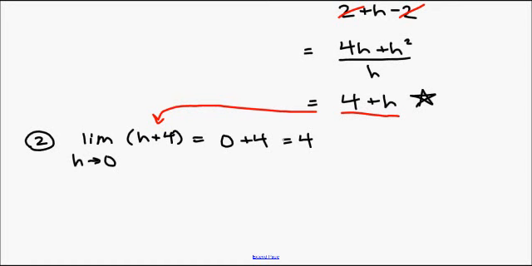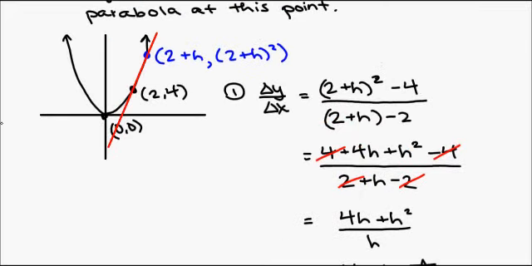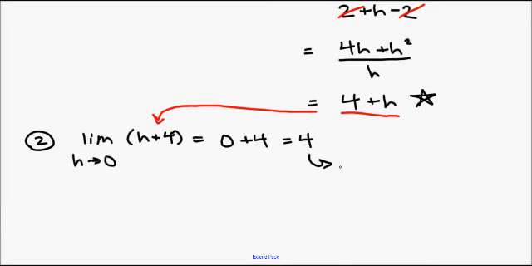Okay? And therefore, the slope of the curve at P, we said, is defined to be this number. So the slope at (2, 4) is 4. So this is the slope at point P. Okay?